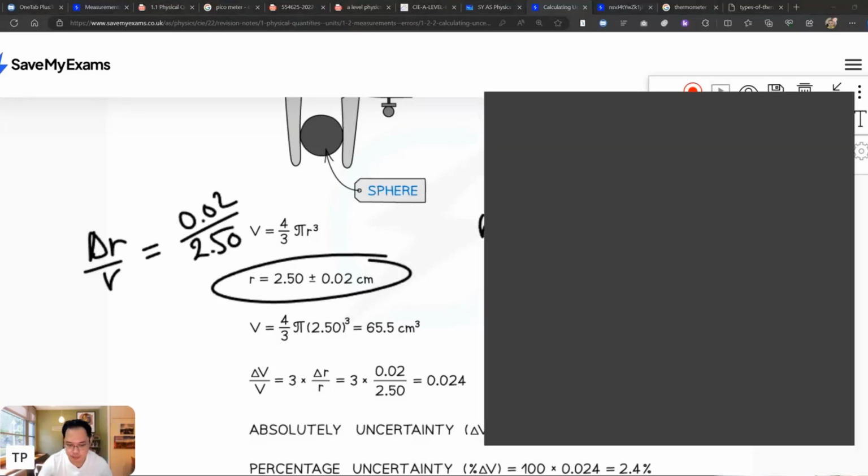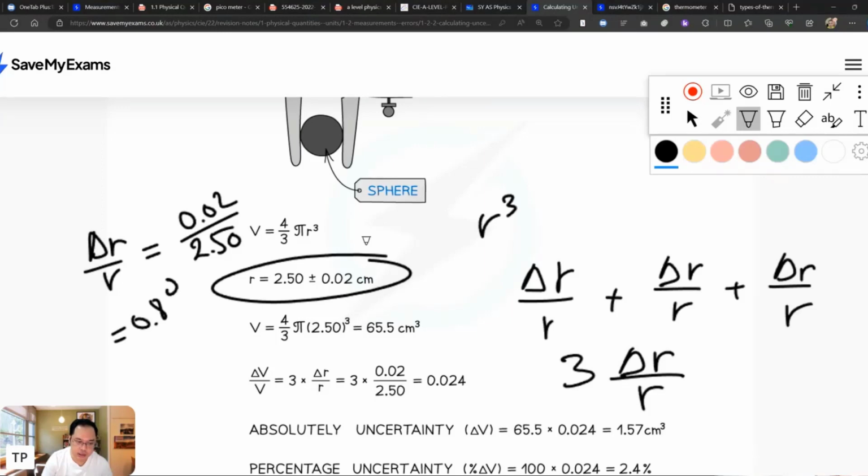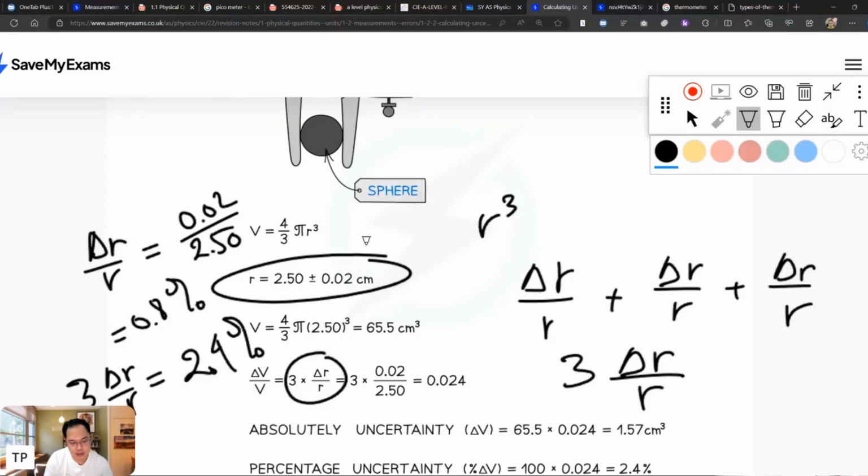Calculate that. 0.02 over 2.5 is 0.8%. So 3 times that will be 0.024, meaning 2.4%. Anytime you see an equation that has a power, you need to take that power, here power 3, and multiply with the fractional uncertainty.